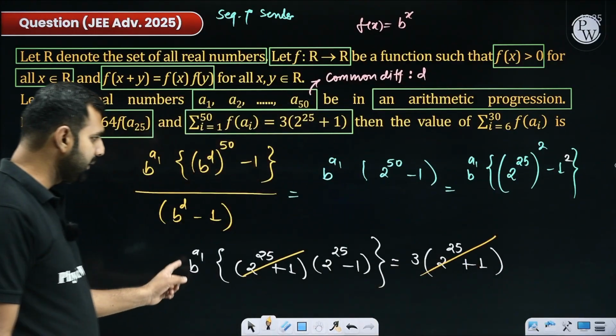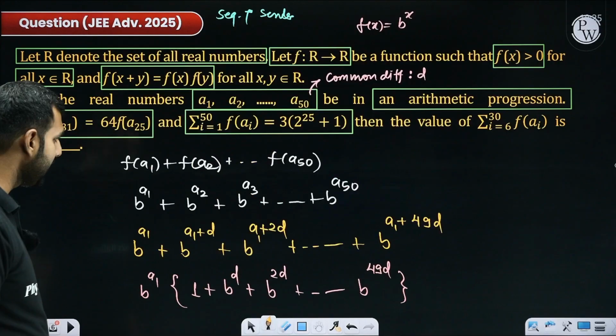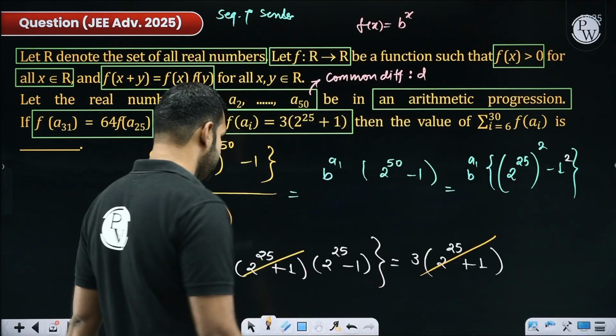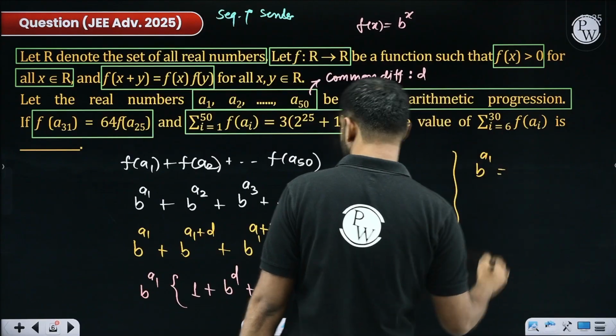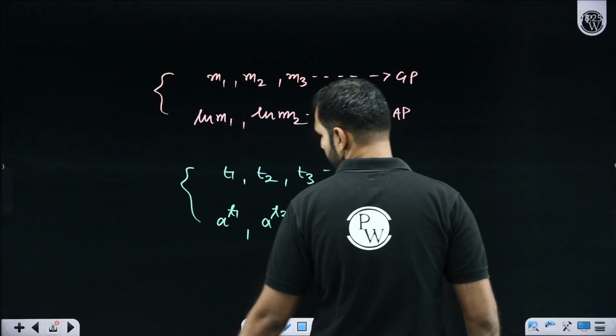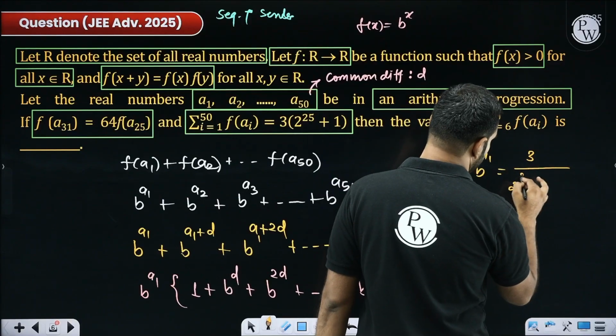So ultimately, you get b to the power a1 as 3 by this. So I think I have cracked one more piece of information here. Shall I write that here? I have cracked b to the power a1 as 3 divided by 2 to the power 25 minus 1. So we have received 3 divided by 2 to the power 25 minus 1.